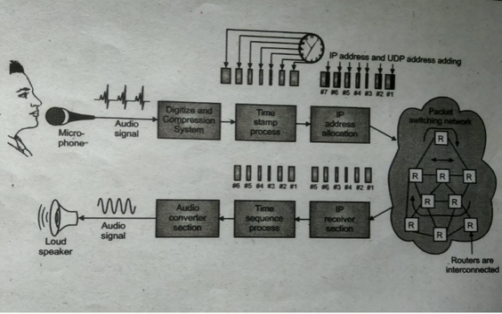This compounding process must be reversed at the receiving end, and that is known as expanding, to recover the original audio signal. So first we digitize, then we recover the signal, and we get the original audio signal at the receiver side.